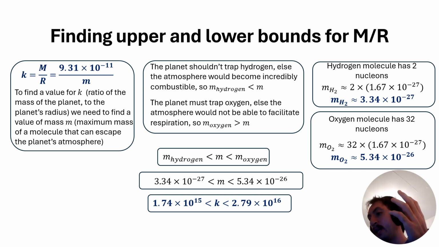Well, we've looked at the atmosphere, we've looked above, so let's look below, let's look to the ground and see what information we can get out of the density of our exoplanet if it's going to support human life. Putting that information with our upper and lower bounds for k, we will be able to find ranges for the size or the radius of an exoplanet that could support human life.